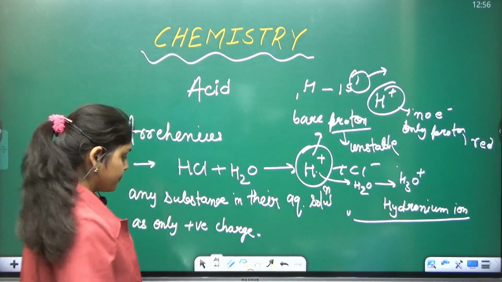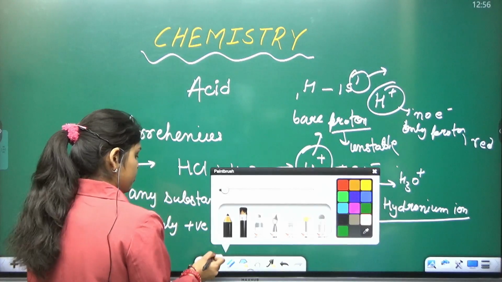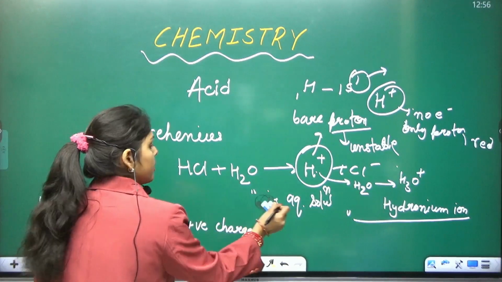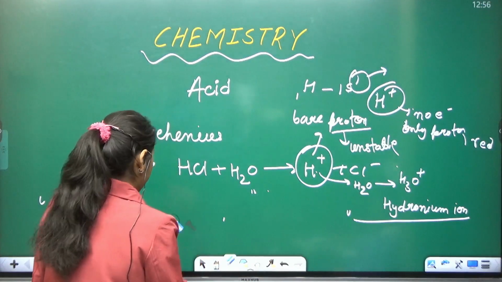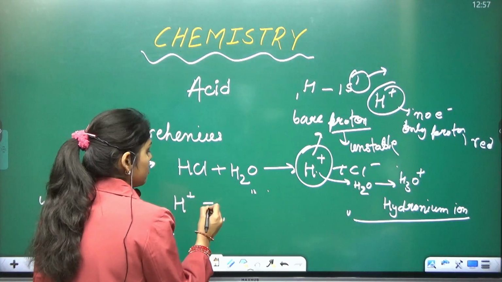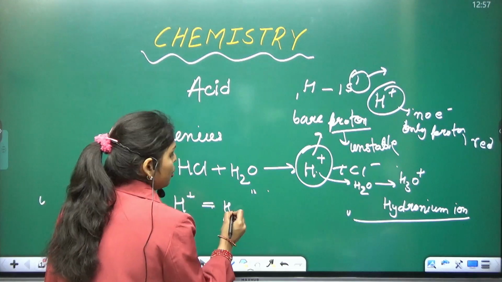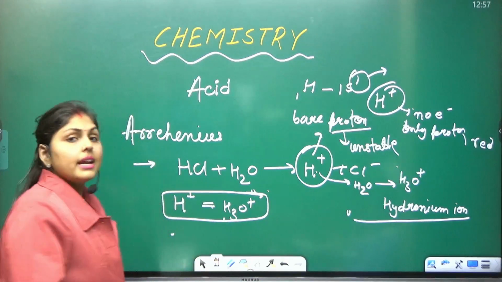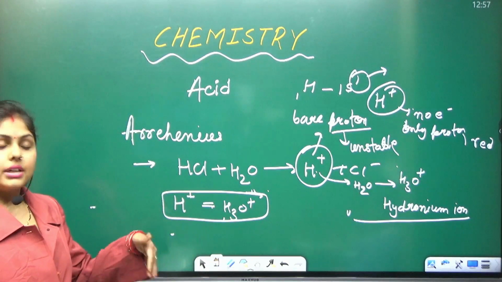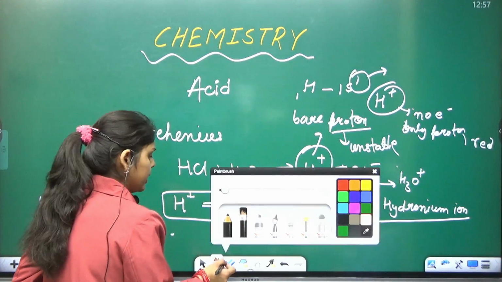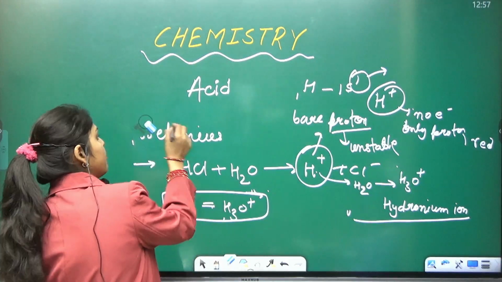Now, in chemistry, if we write H plus equals H3O plus, the meaning of both will be the same. There are more concepts, we will discuss them later, but now we will read about the types of acid.